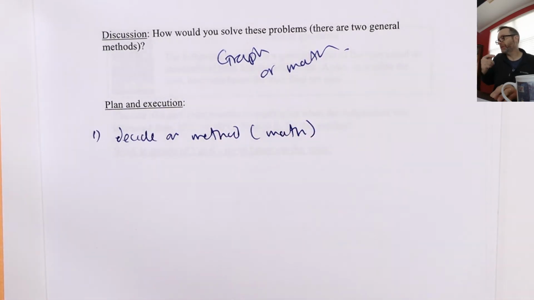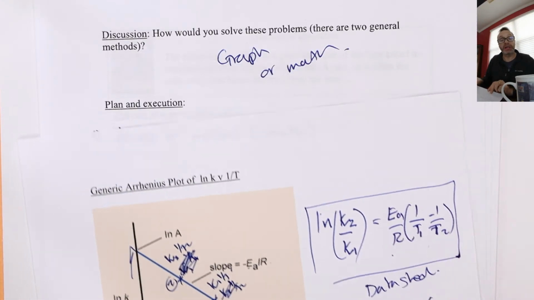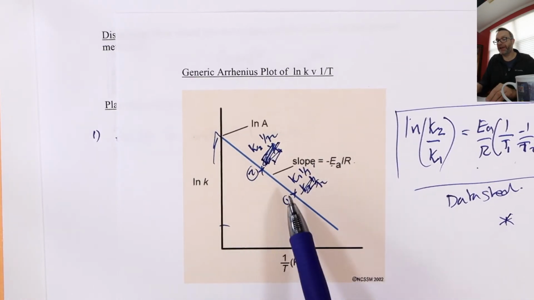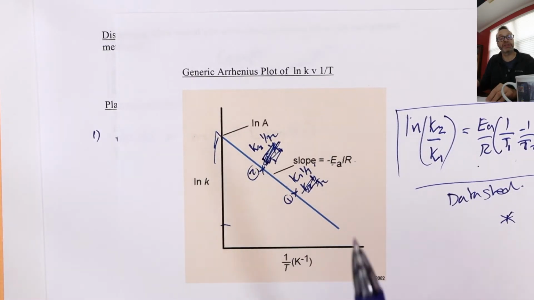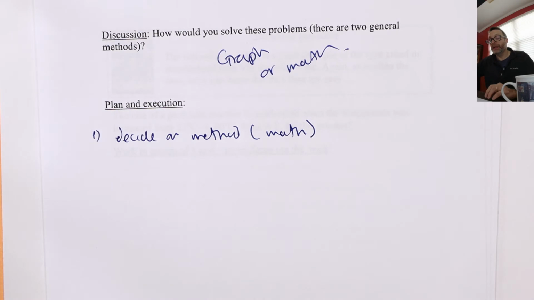Because we have a table of data and an equation, we're going to use the math method. However, if we generated a graph in lab and it had fit a nice straight line and given us a slope, we'd just take the value for slope, multiply by R for EA, right? Okay. This one's going to be math.